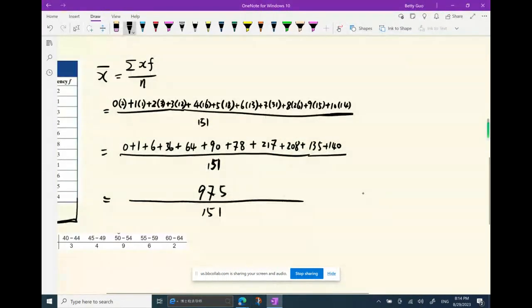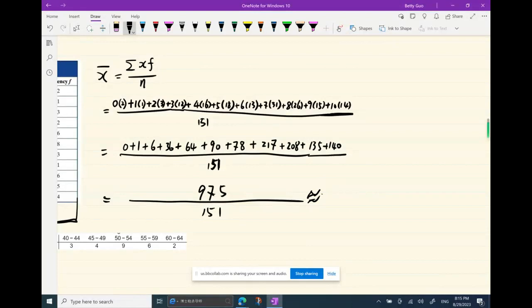And we're going to divide the sum by the sample size, 151. You need to figure out what technology, since you only have a calculator available during the test. You need to figure out what kind of calculator you are going to bring with you, right? This means approximately equal to.